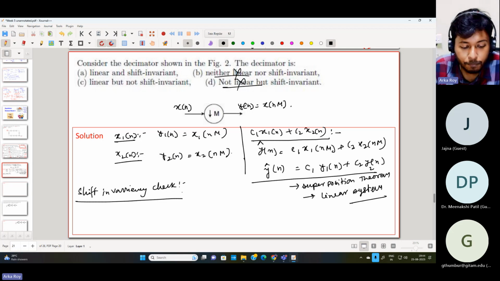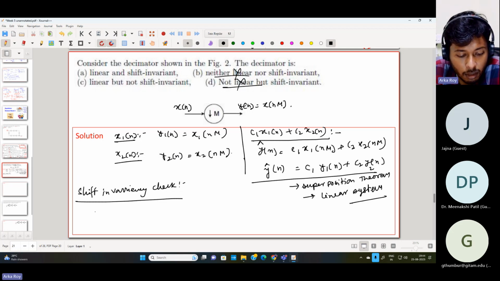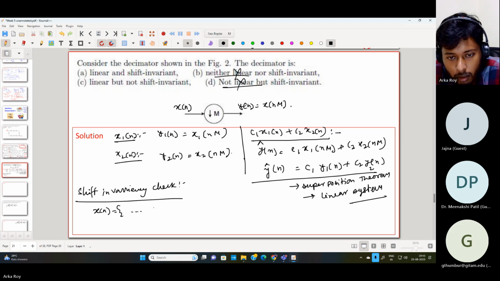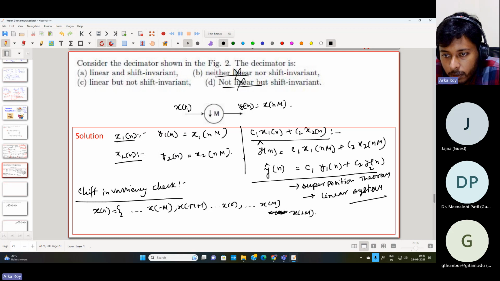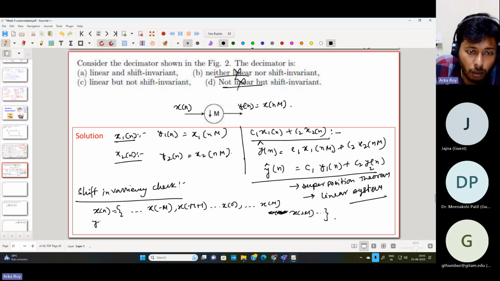So for that matter, let us write, for example, x of n is having x of -m, then -m plus 1, up to x of 0, x of m, and x of 2m, like this.